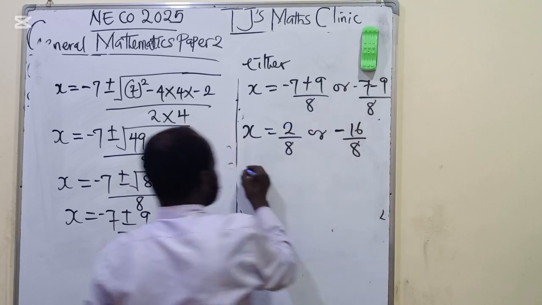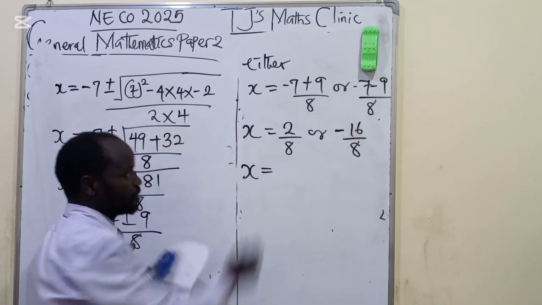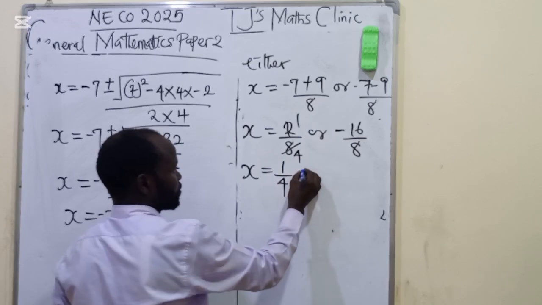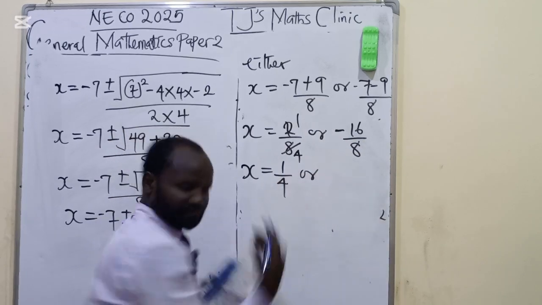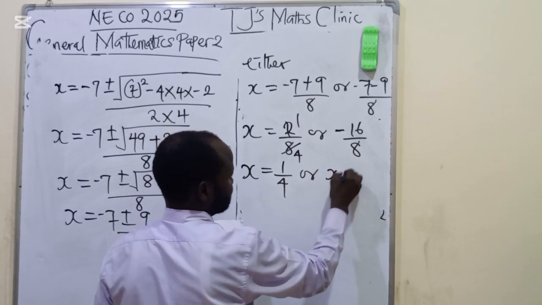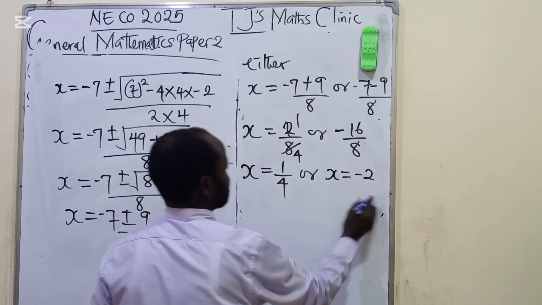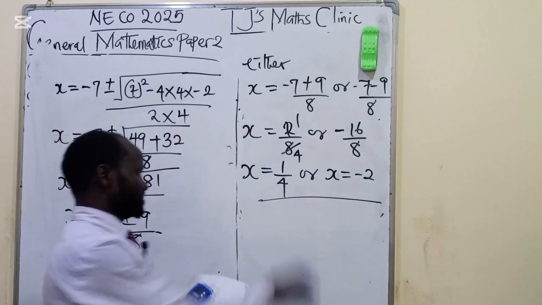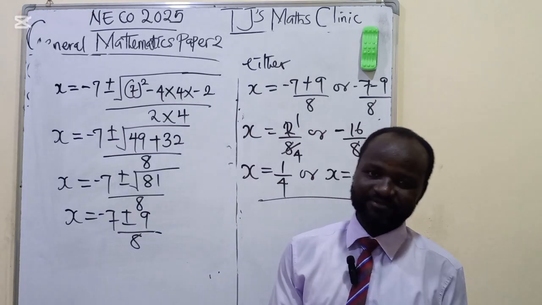Finally, let's reduce this. x now will be equal to 2 here, 1, 2 here, 4. That will be 1 out of 4. Or −16 divided by 8. Of course, x will be −2. So this is said to be the solution to Roman numeral 2. And this is the solution to question 7a.